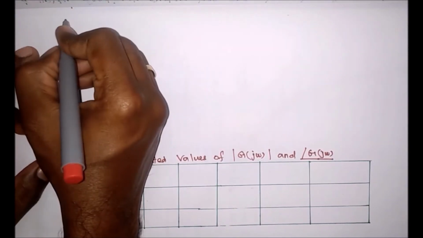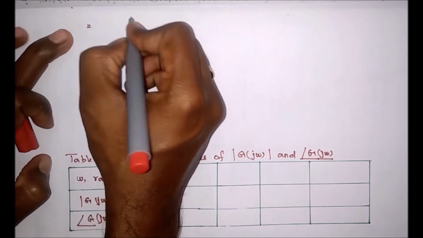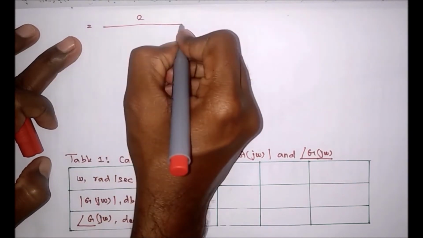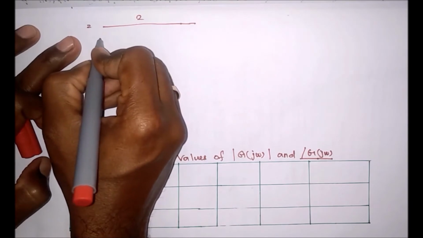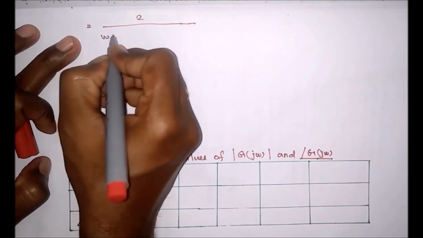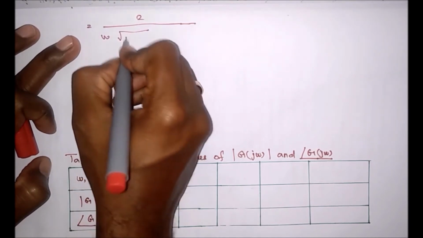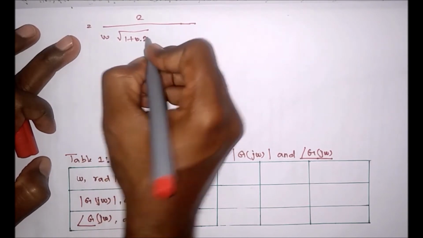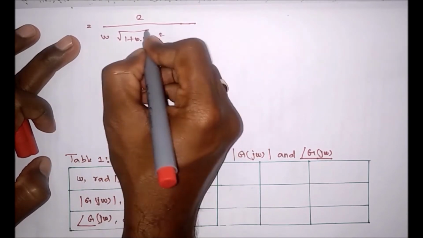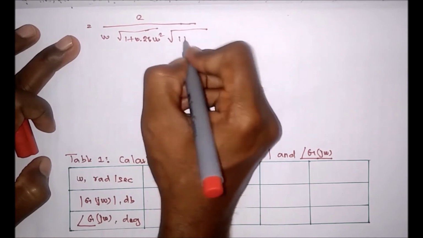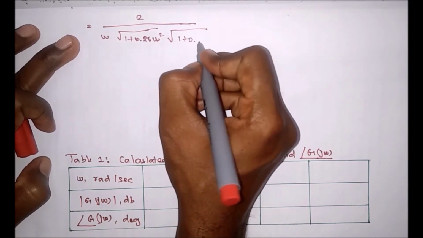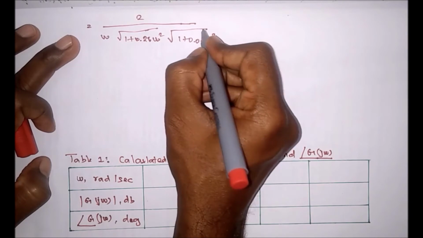Now I am going to separate magnitude and angle. The magnitude is 10 divided by omega into square root of (1 + 0.25 omega square) into square root of (1 + 0.04 omega square).